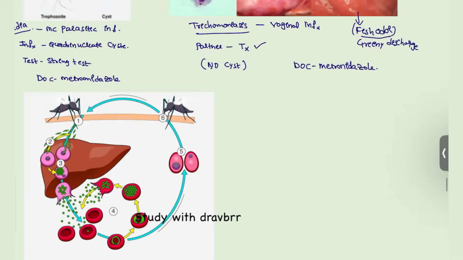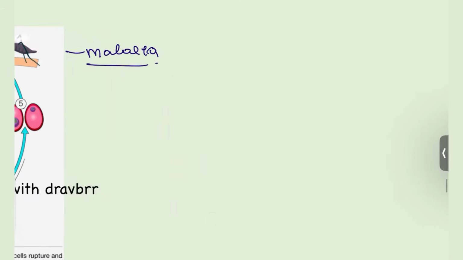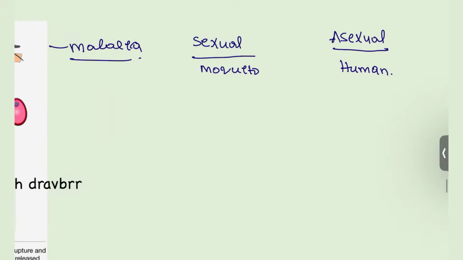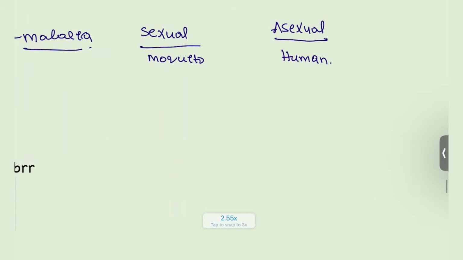Next, last but not the least, here comes malaria. So malaria has two types of cycle, guys, right? One is the sexual cycle and another one is the asexual cycle. The sexual cycle is seen in the mosquito and the asexual cycle is seen in the human. The first thing that we are going to see is the sexual cycle in the mosquito.